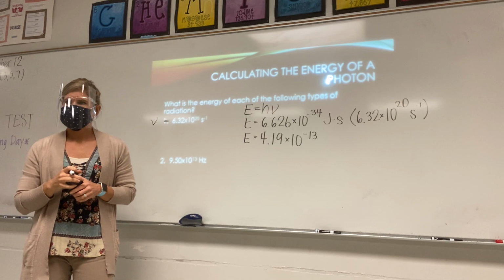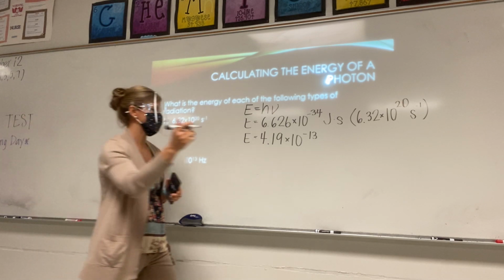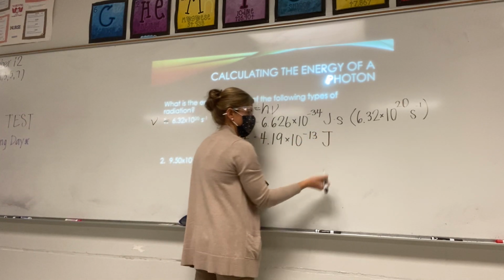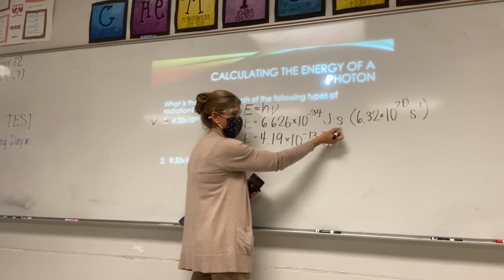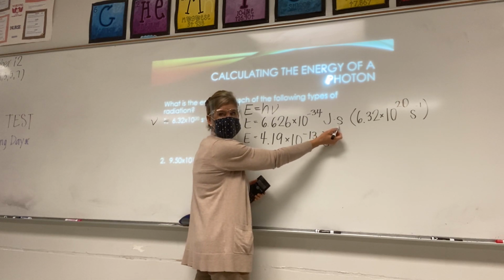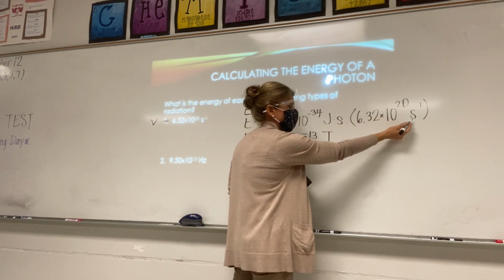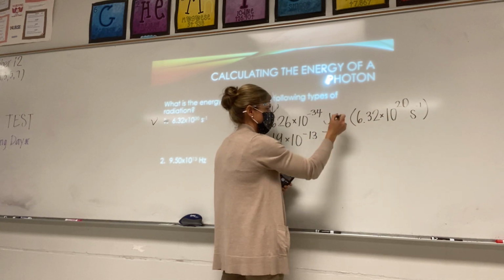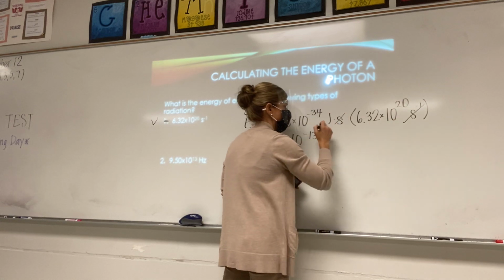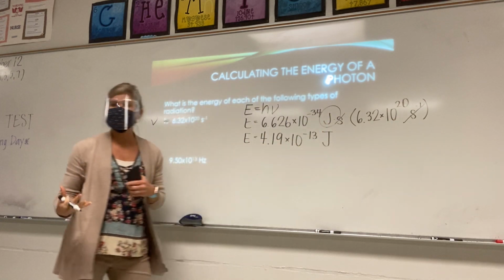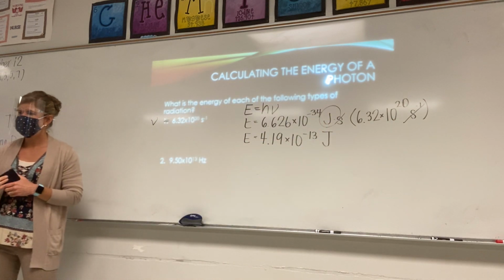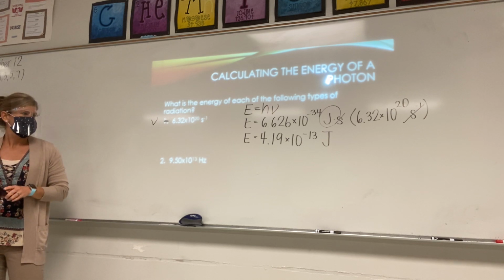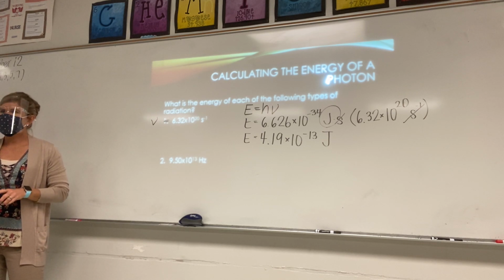Very good, joules. You should see that here I have joule times second for Planck's constant. My units for frequency are 1/s. So what happens to my seconds? They cancel. That's how I know I'm left with a unit of joules. Any questions on that one?